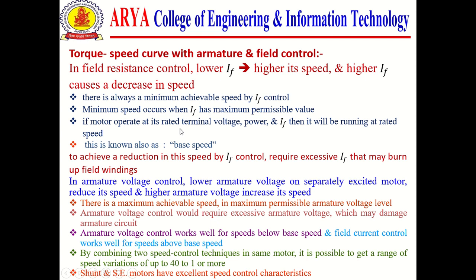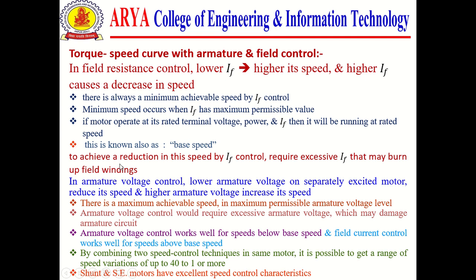Minimum speed occurs when field current has its maximum permissible value. If the motor operates at its rated terminal voltage, power, and rated field, then it will be running at its rated speed. This is known as the base speed, or rating speed of the motor.